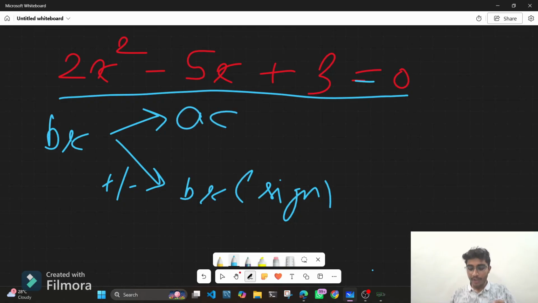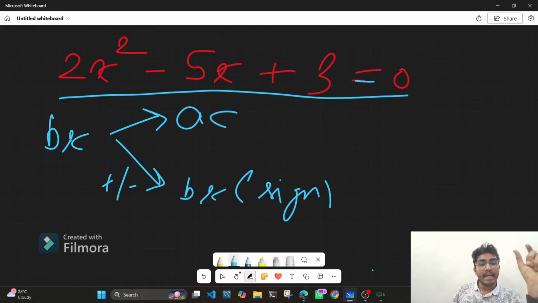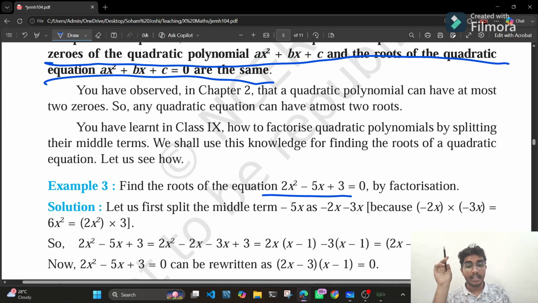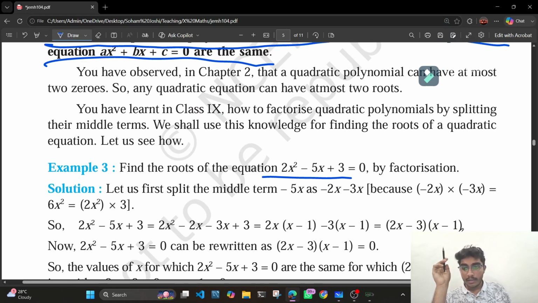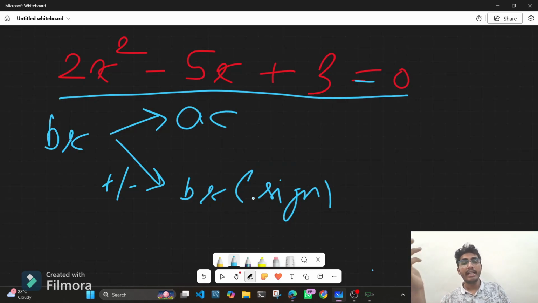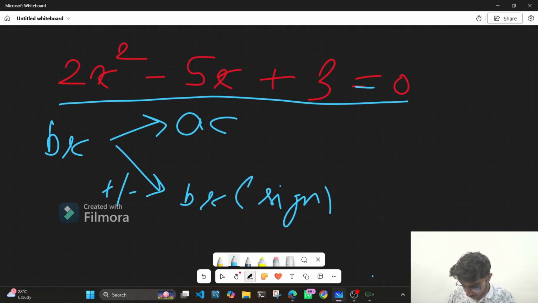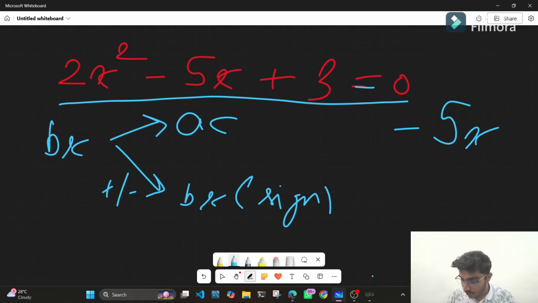So basically we need to split bx such that the product is equal to the product of a and c. You can see over here, let's say we have this term minus 5x.